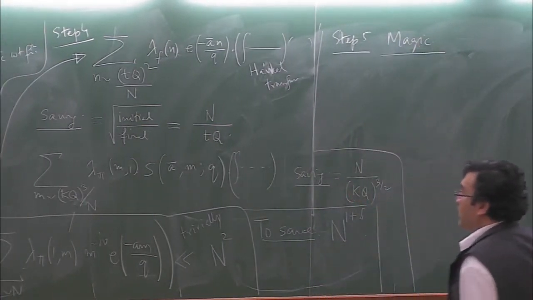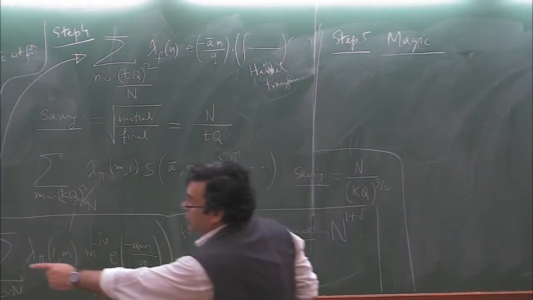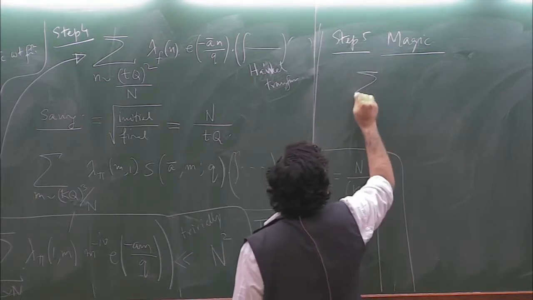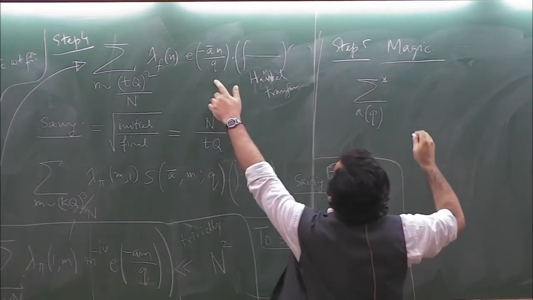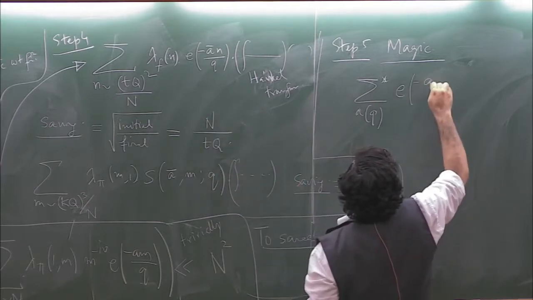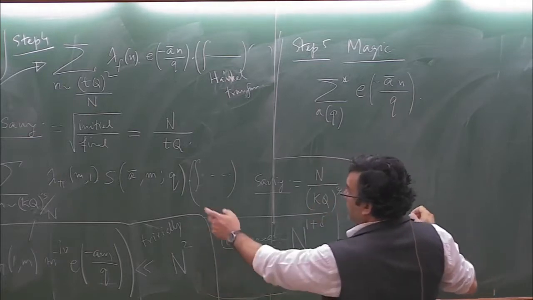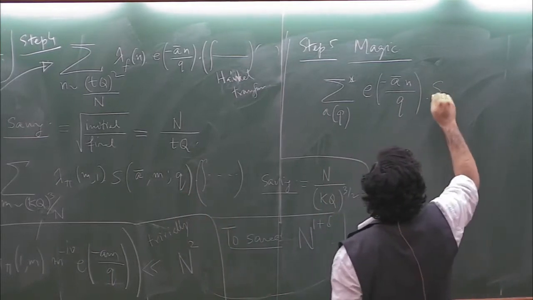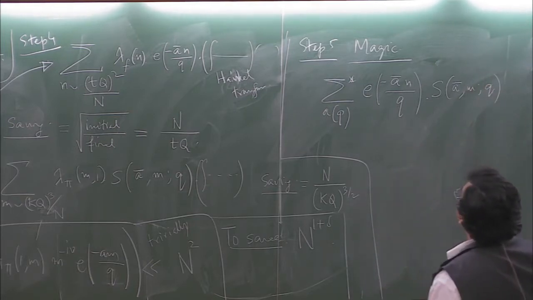So this is something that happens. Okay, so now I will execute the sum over a. I have here e of minus a bar n by q, and I have over here the Kloosterman sum.